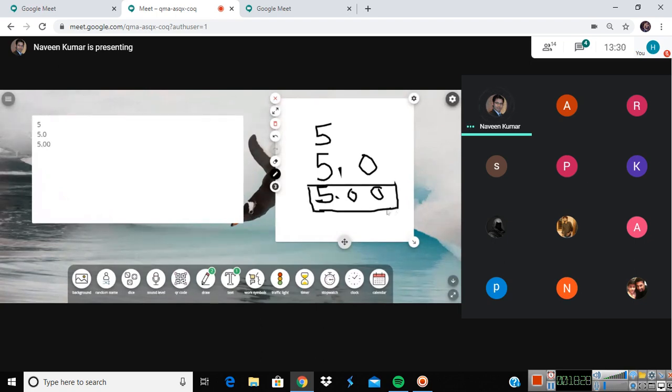This is measured up to the first decimal point, and this is 5 only. So 5.00 is more precise as compared to the other 2 values. Got it?